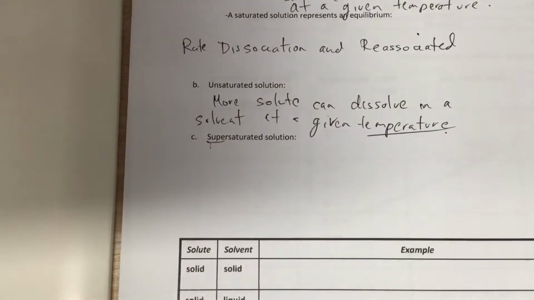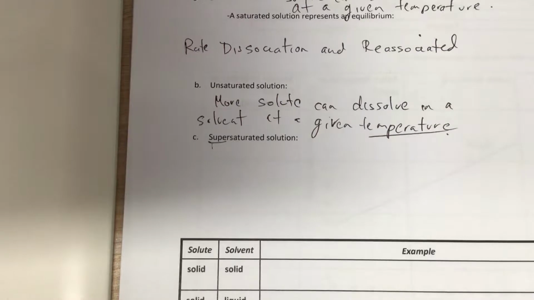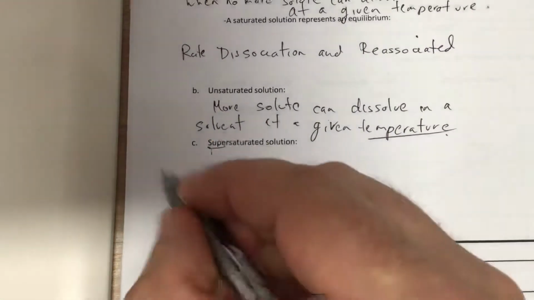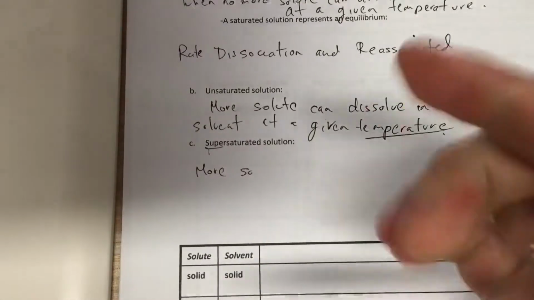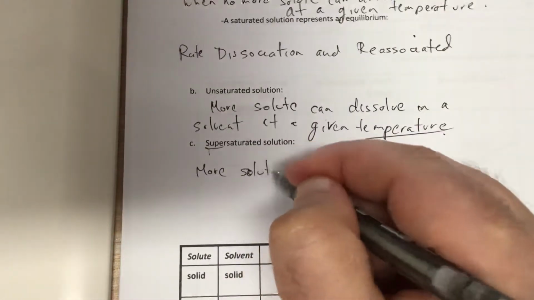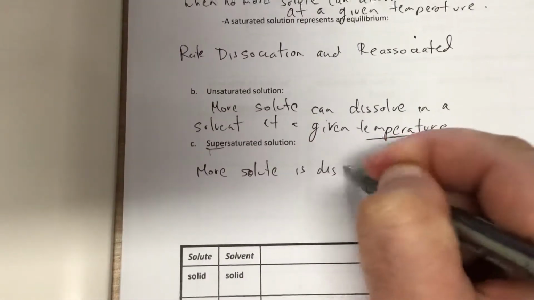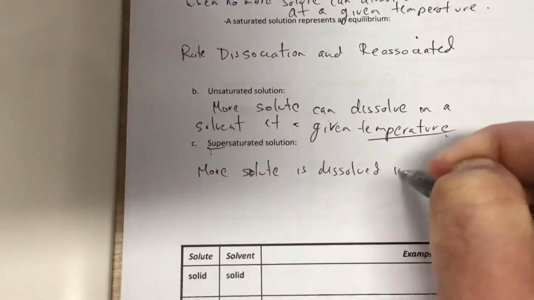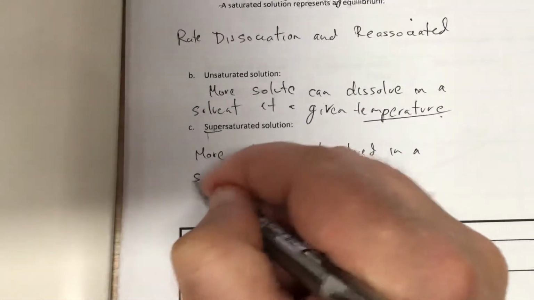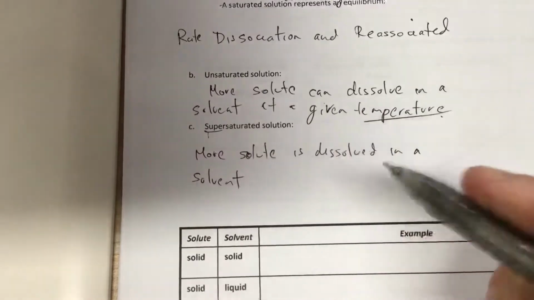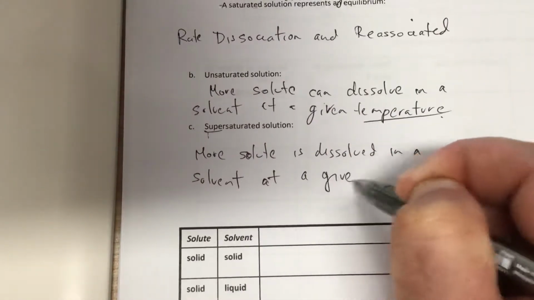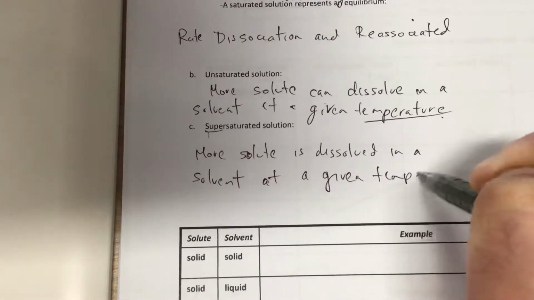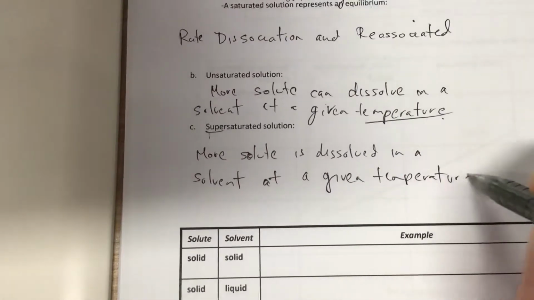Supersaturated, the word super means above, superior, means that more solute is dissolved in a solvent at a given temperature. So it's over its saturation point.